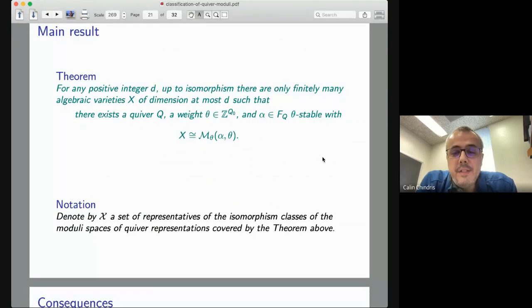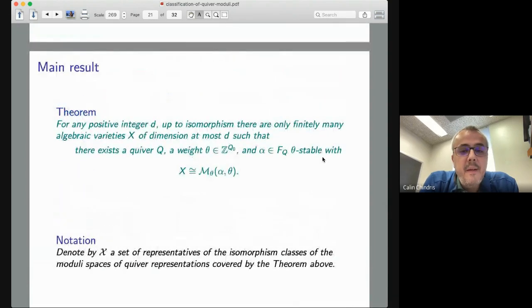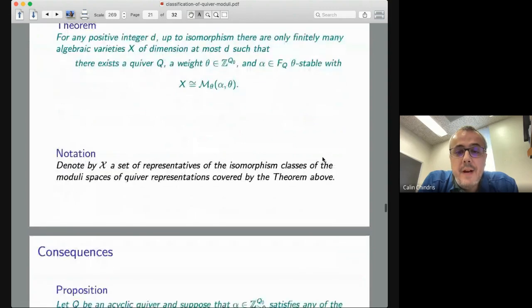Is the number of representatives on that list bounded by a polynomial of n or d? I believe the dimension. That's the theorem: you fix d, and then you have this curly X, which is a set of representatives. Can you say anything about the items that show up on X, and also the number of items in that list?